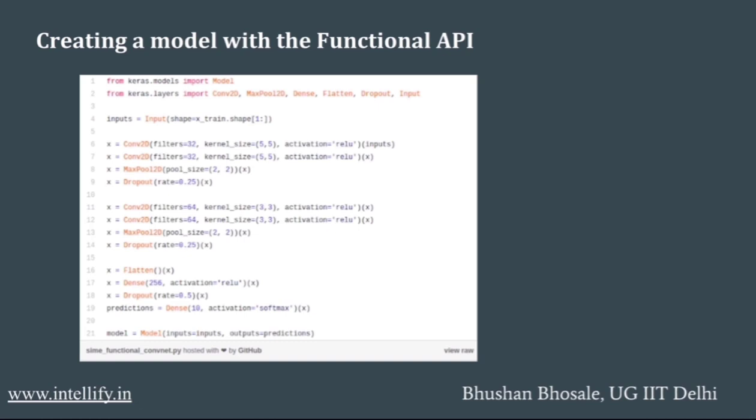In the sixth line we first create the current layer. The current layer here would be Conv2D and so on, and in the seventh line we have x equal to the sixth line, but in the seventh line we have passed the previous layer to the current layer. In this way we can add multiple layers in our model. The 21st line says model equal to Model(inputs, outputs=predictions). This is where we are putting our layers together.